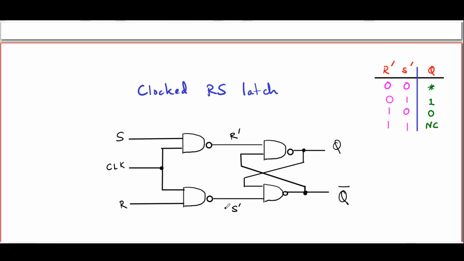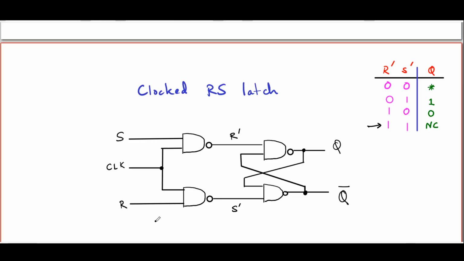Note that when the clock is low, when CLK is 0, then one input each of these two NAND gates is low and the output of the two NAND gates is definitely high. As a result, R prime and S prime are both high when clock is low, and therefore you are in the memory state. In other words, Q and Q bar will not change as long as clock is low, no matter what you do to S or R.